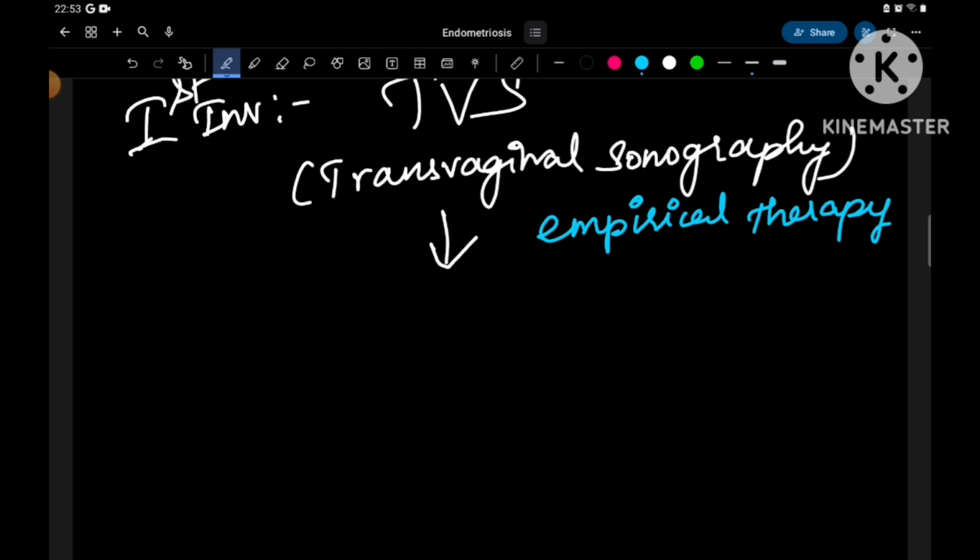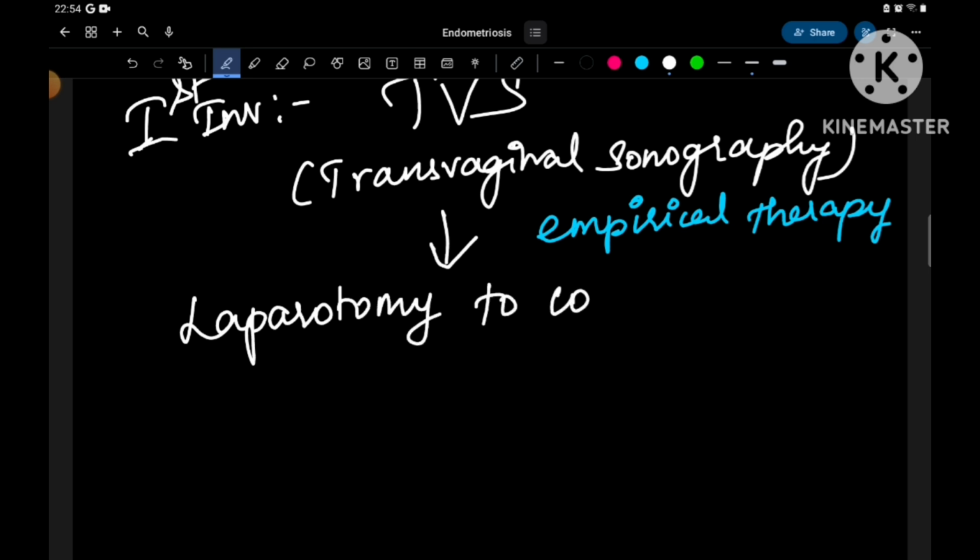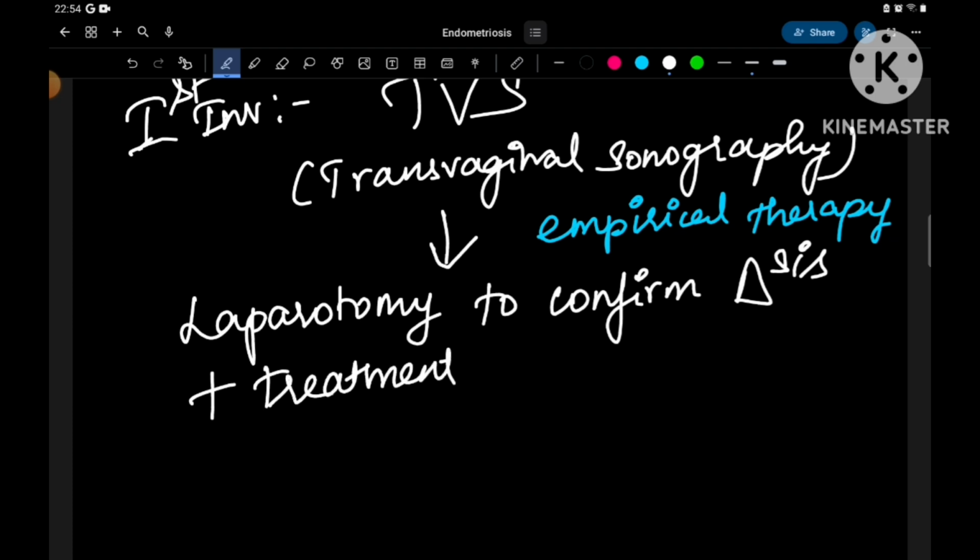Empirical therapy is basically medical management. When you start empirical therapy but the pain and symptoms are not relieving, you do laparoscopy to confirm the diagnosis plus treat the pain surgically.